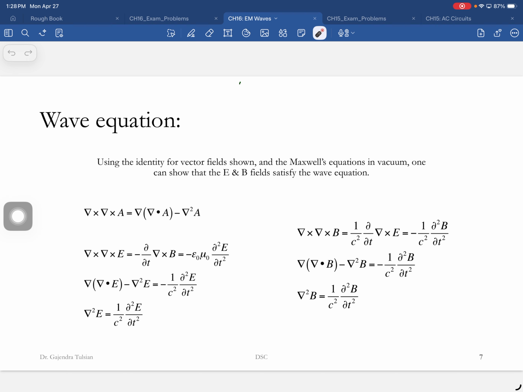So what you're doing is taking this operator acting on Ax. Let's make sure you understand that. So that's del square by del x square Ax plus del square by del y square Ay plus del square by del z square Az.